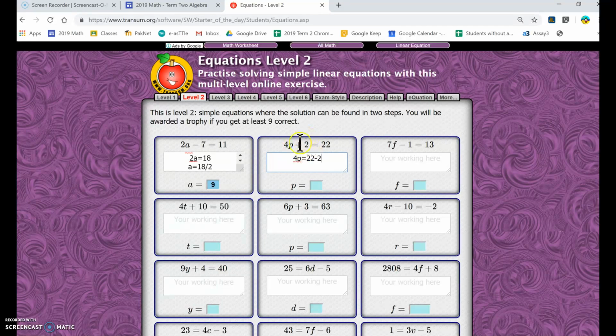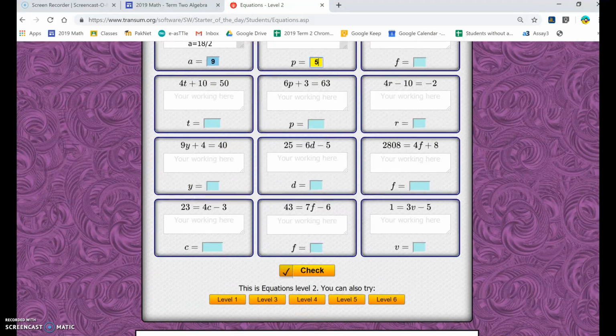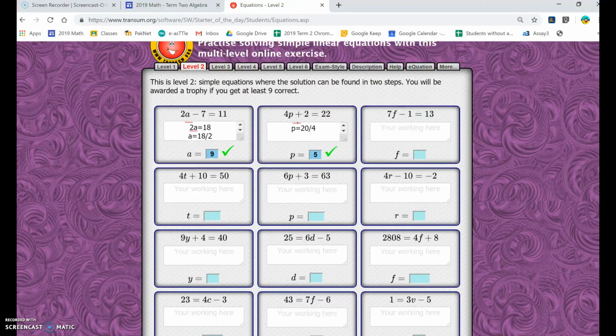There's a plus 2 on this side, becomes minus 2 on the other side because we're taking 2 off both sides, keeping them equal. So 4p equals 20. So p equals 20 divided by 4, because that times on that side becomes divided on the other side. And so p equals 5. And then we check. And off you go.